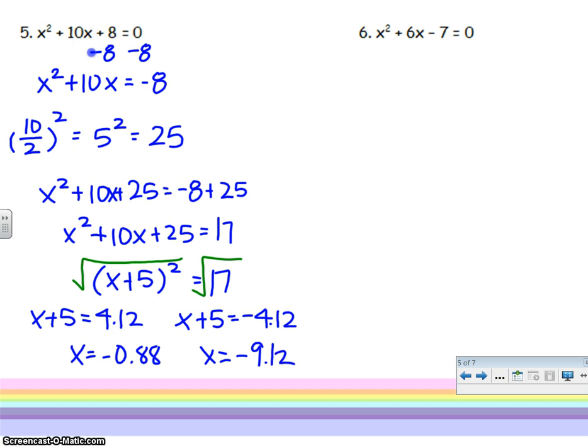Next one, same type of thing. We need to first move that minus 7 to the other side. And we'll go through this same process of completing the square. 6 divided by 2, quantity squared. And so our missing value is going to be 9.